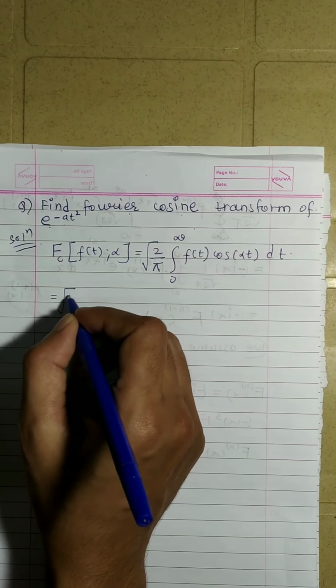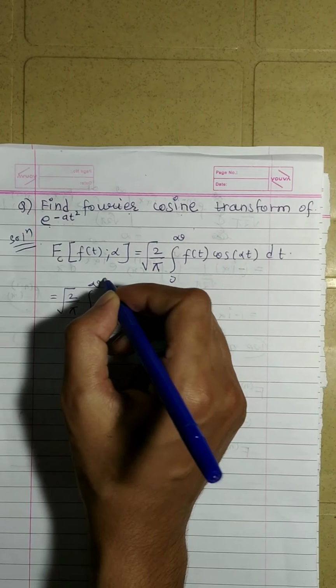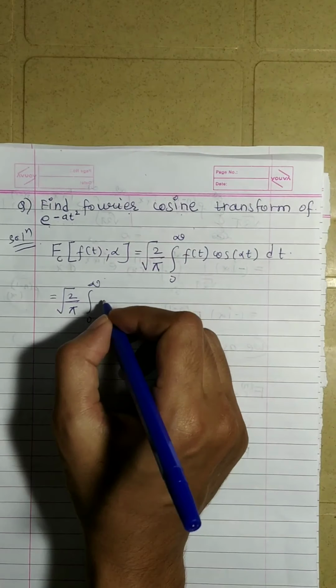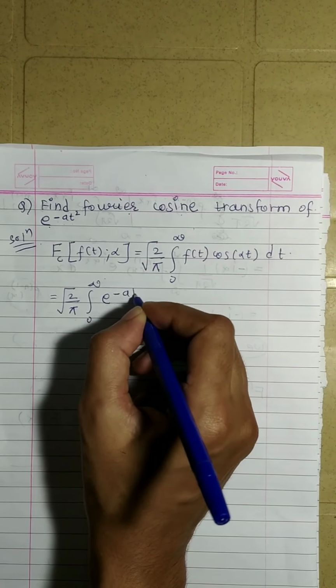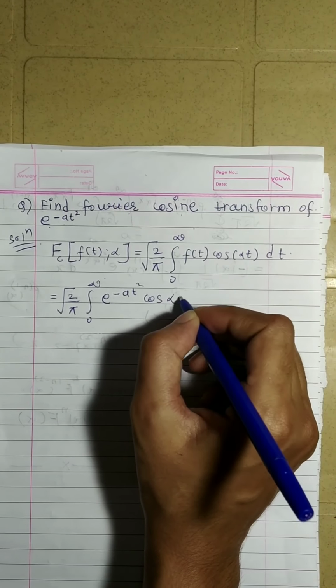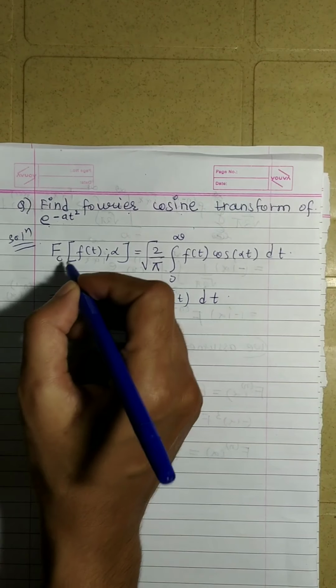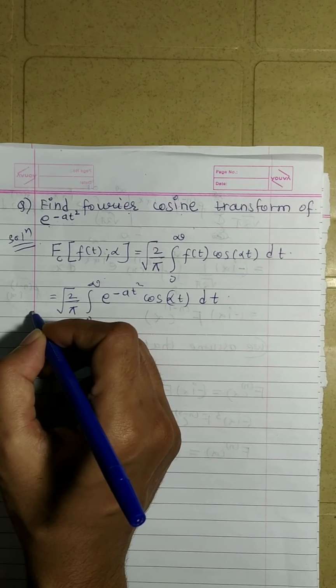This will be root of 2 upon pi, integral from 0 to infinity, e raised to minus a t square into cos of alpha t dt. This is the Fourier cosine transform.